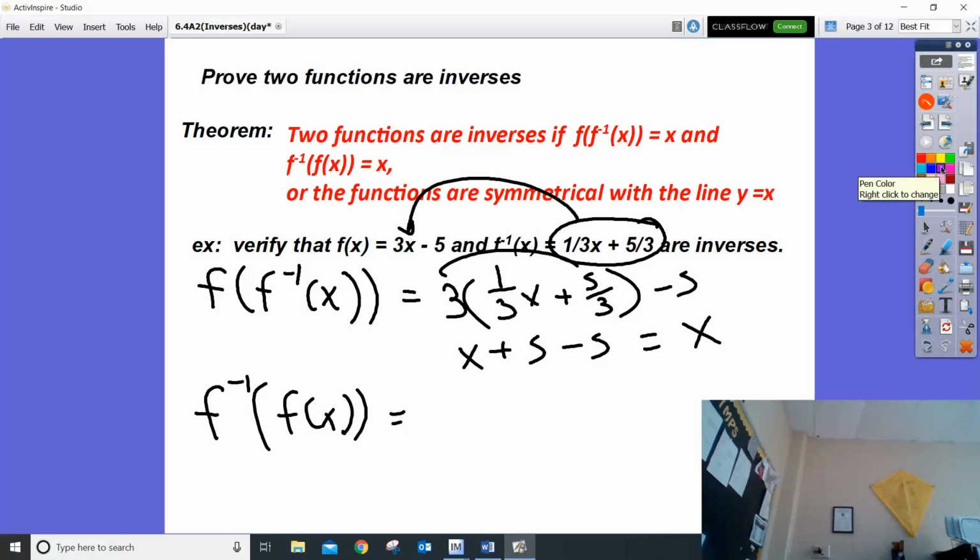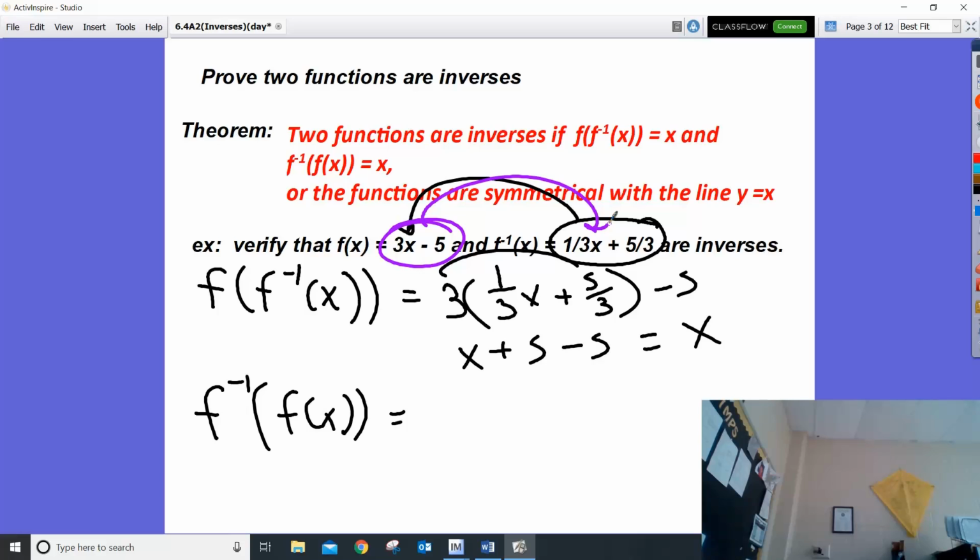But you take this guy and you put him there. It's just function composition. So I see the third, and x gets replaced with 3x minus 5, plus 5/3. Done.